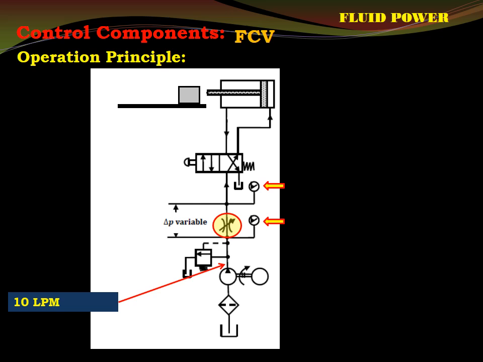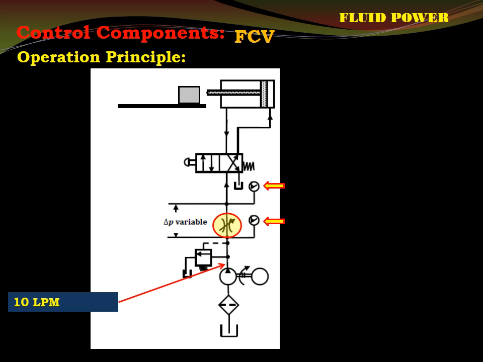And initially assume the FCV is completely opened, I mean putting no restrictions in the path to the DCV and the actuator finally. So definitely there won't be any pressure drop across the orifice, across the FCV, and the pressure gauge upstream and the pressure gauge downstream show the same pressure.